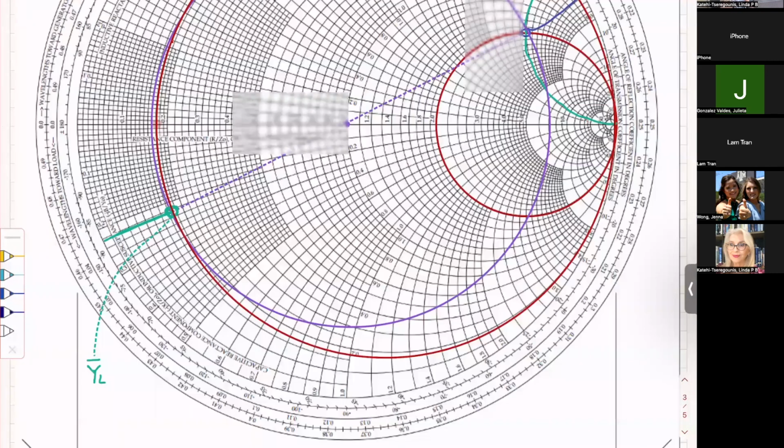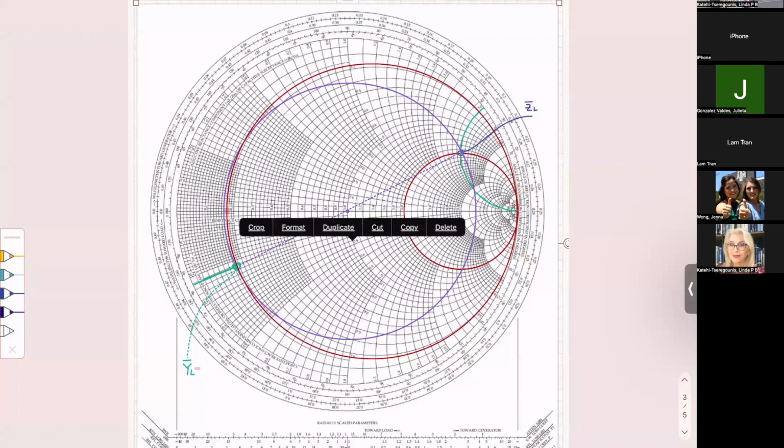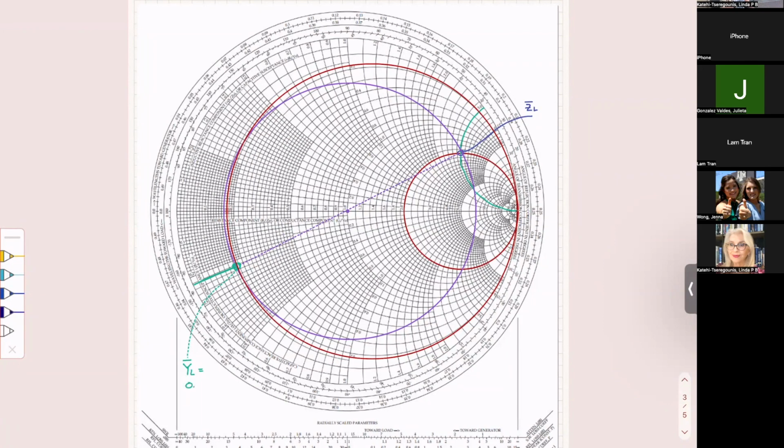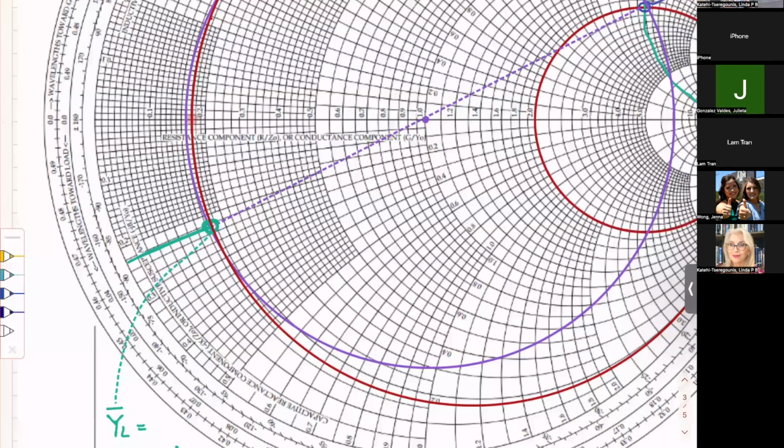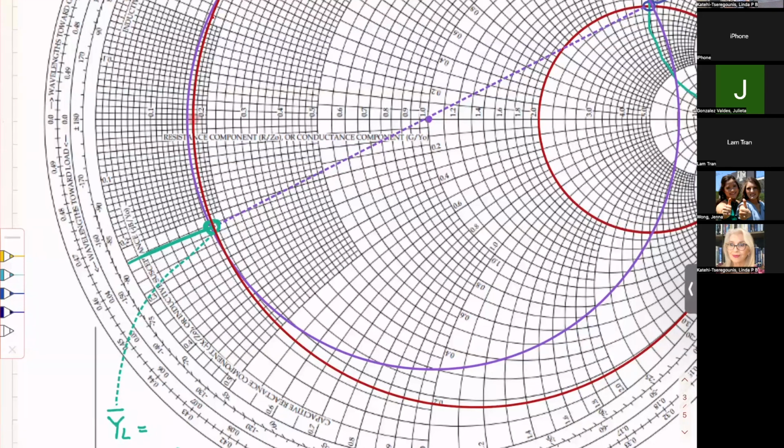So y_L here equals 0.17 minus j, and that here is 0.2 minus 0.222.